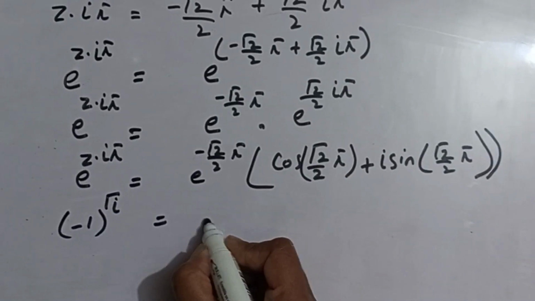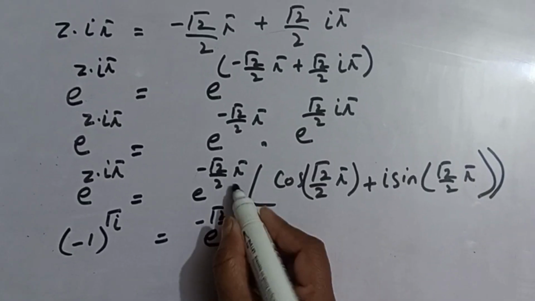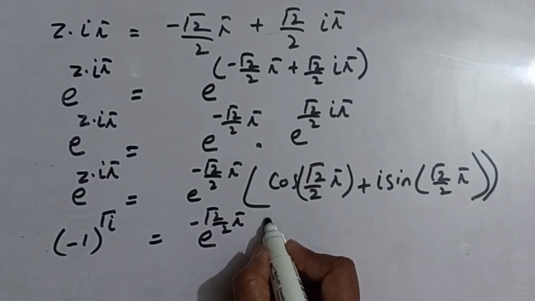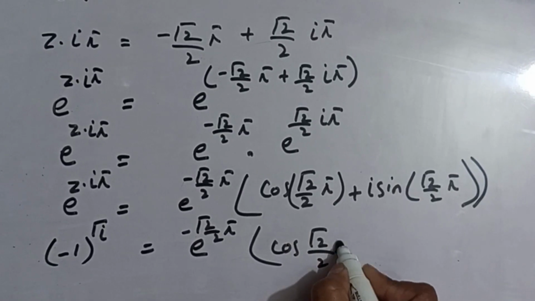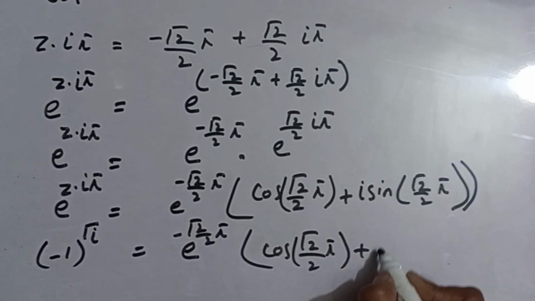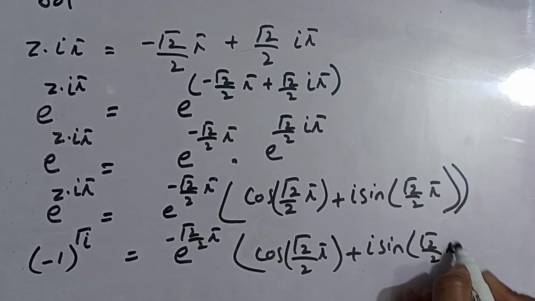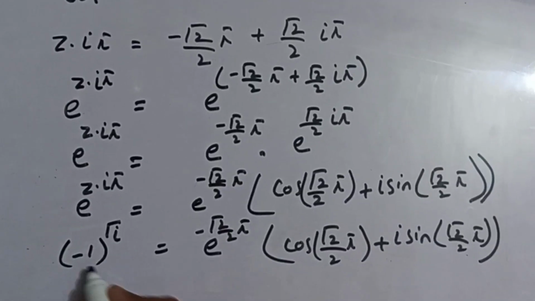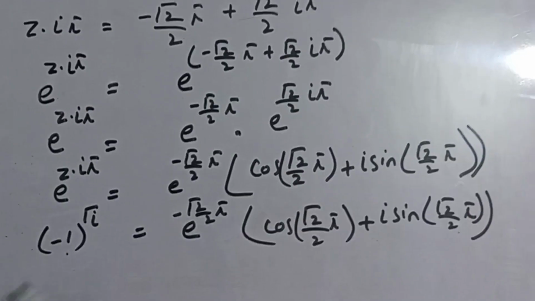We copy this value: e raised to the power minus square root 2 over 2 pi, multiplied by cos square root 2 over 2 times pi plus iota times sine square root 2 over 2 times pi. So this is the value of our question, and we have done.